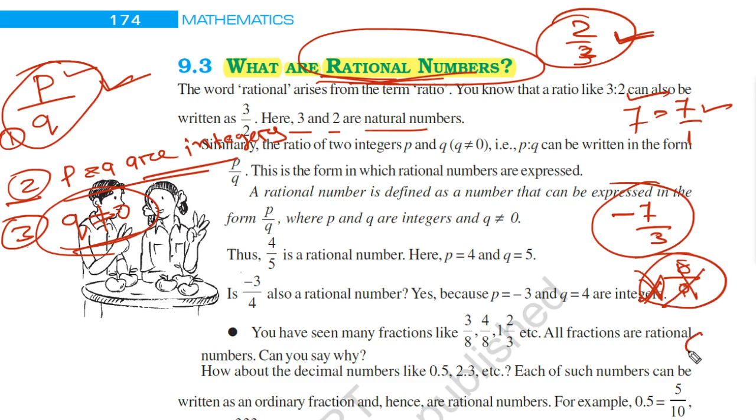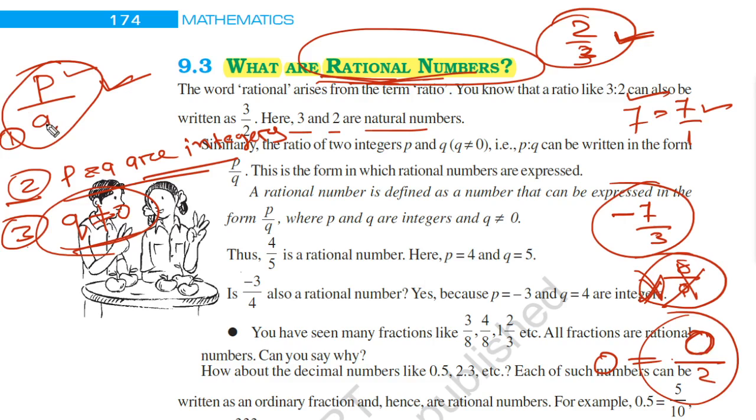Now we will take another example. Suppose 0. Can 0 be a rational number? Let's see. We can write 0 in the form of 0 by 2, or 0 by 3, 0 by 4, 0 by 5. All are equal, 0 divided by any number equals 0.